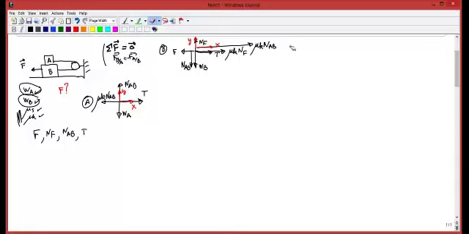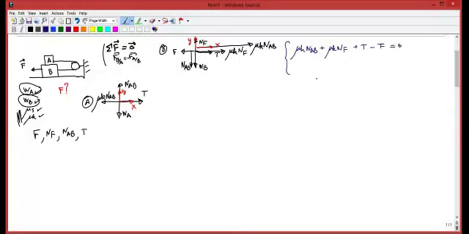Cool, that's it, done. So, two equations from the top. In the X direction, we're going to have mu K NAB plus mu K NF plus T minus F is equal to 0.